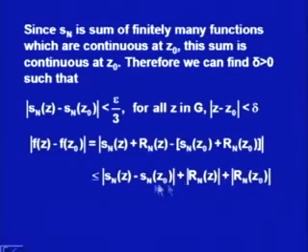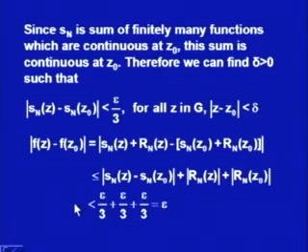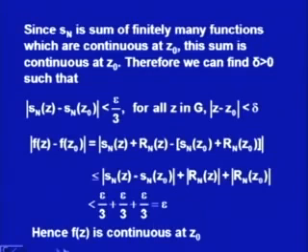Now, this modulus is taken as less than epsilon by 3 because of uniform convergence, so again epsilon by 3, and for z0 this also is less than epsilon by 3. That makes modulus of f(z) minus f(z0) less than epsilon, and this proves that f(z) is continuous at z0.